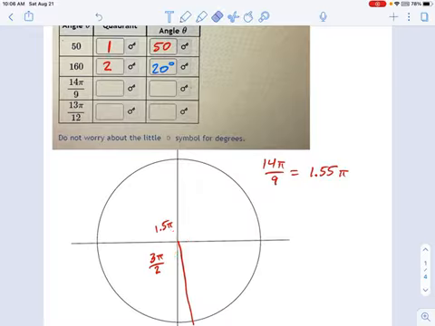So that is my angle. That's 14 pi over 9. And obviously it's not a special angle. It's not one of those values on the unit circle that we memorize. But let's think about what the reference angle is. Obviously this is in quadrant 4, because it's more than 3/4 of the way around.